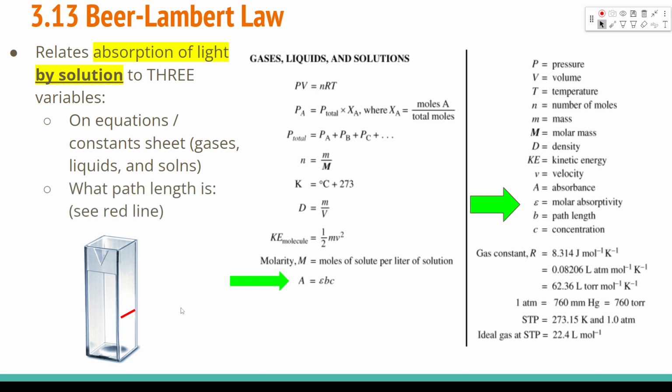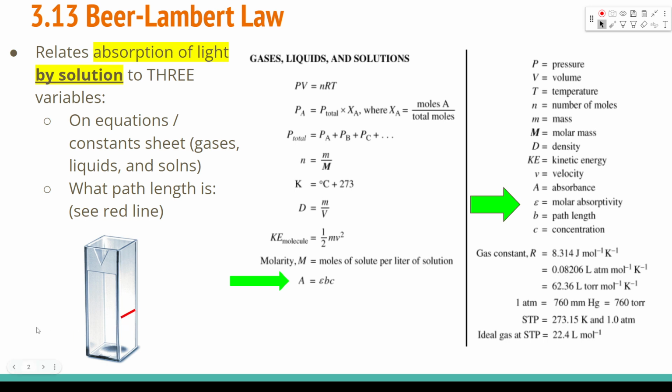And so here is this little box thing. It's called a cuvette, C-U-V-E-T-T-E, is a little box, and you put your solution in it, and then you're going to see how much absorbs in this solution. And so this little box goes into a container, which I'll talk about in a sec, and then this little red line here, that is the path length.